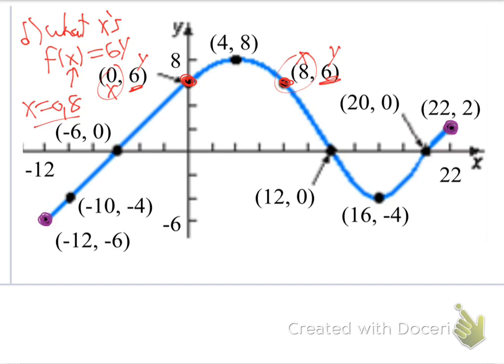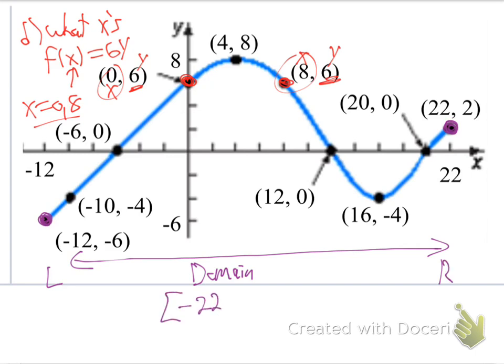Sometimes they put arrows, so that would be negative infinity, positive infinity. And sometimes they put dots, so it stops. So the domain, remember, domain is the width coverage. Range is up and down, domain is sideways. Negative 12 to 22. Left edge, right edge. So it'd be bracket, negative 12 to 22, bracket, because it's a solid dot on each end.